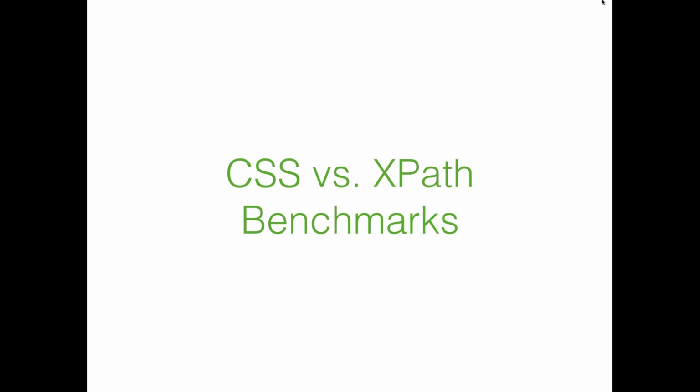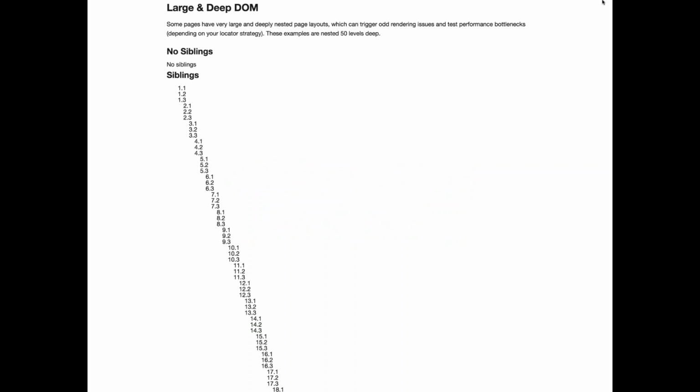But basically, I went through 3 iterations, and the last one I ended up with had a lot of input from committers on the Selenium project around what kind of an application would reflect a really good test for Selenium, and then what kind of process. So all the benchmarks I've done use a very large and deep nested DOM example, and I'm using an actual benchmarking library in Ruby.